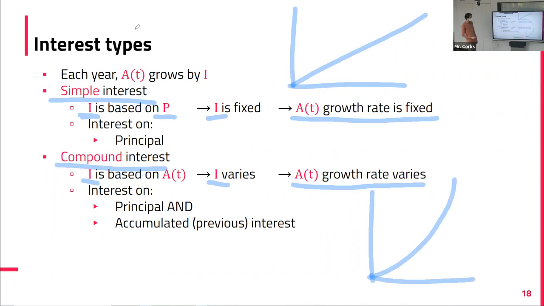So with compound interest, we pay interest on the principal plus all the previous interest that was gathered. The interest from 2 years ago and from 1 year ago gets added to the total amount, and we have to pay even more interest on all of that also. So those are the two basic types. We'll go through a little exploration of what this does with the numbers, and then we'll look at the formulas.